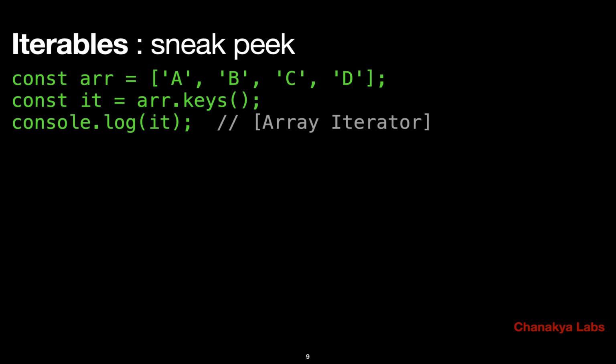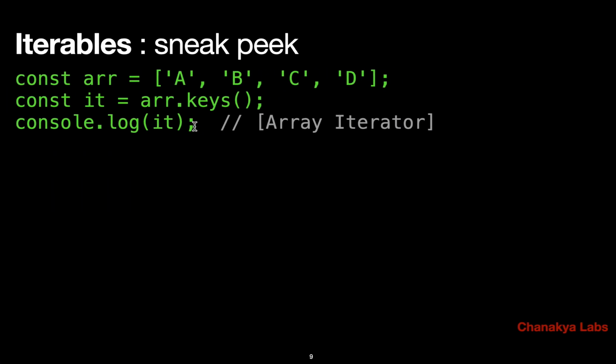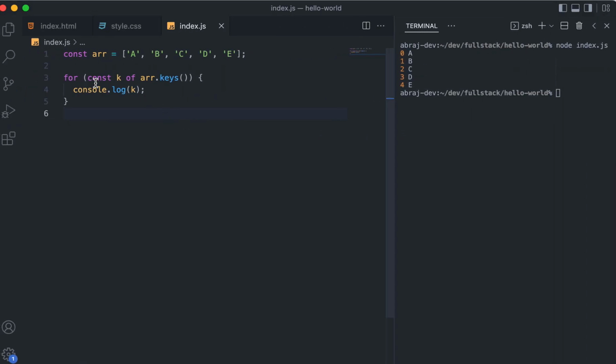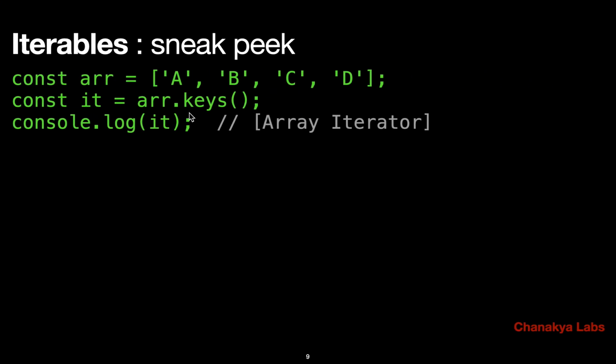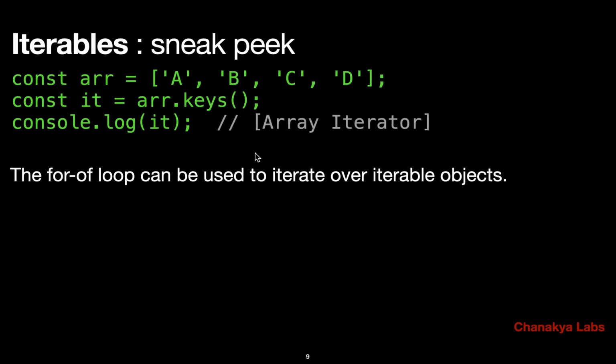But right now it is simple: sometimes when you are dealing with some array methods, you will get an iterable rather than an array. The first thing you should know is that you can directly do for of, and that will give you values, so you don't need to bother about how it works. The second thing is that if you're not comfortable handling this directly, you can simply convert this iterable to an array using something called the Array.from syntax, which you will see next.